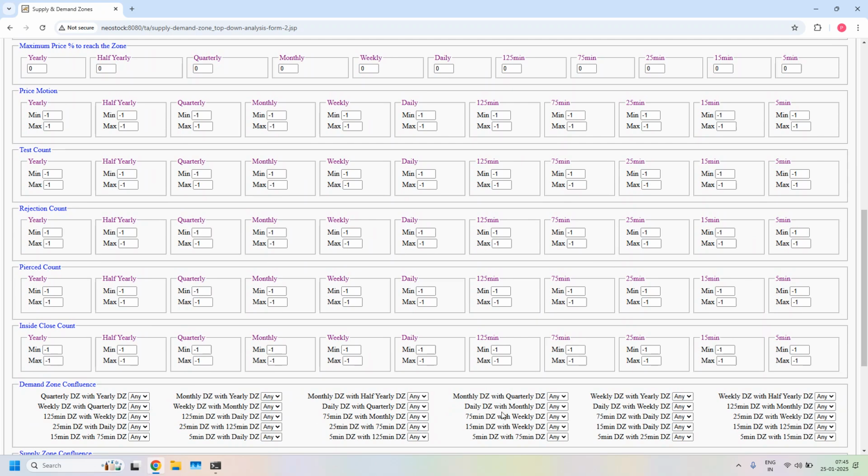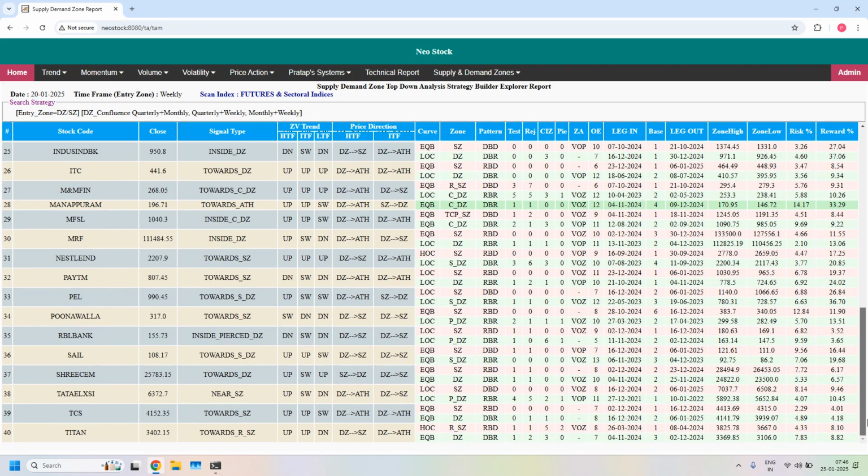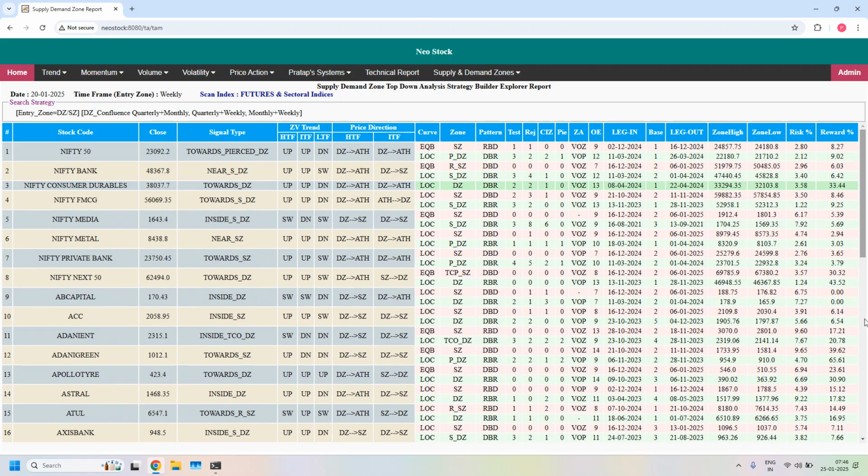So let us set 3 filters: weekly demand zone having monthly demand zone confluence, weekly demand zone having quarterly demand zone confluence, and monthly demand zone having quarterly demand zone confluence. With these 3 filters, we got a big list. We got 40 stocks. But let me show you all the 40 for your reference.